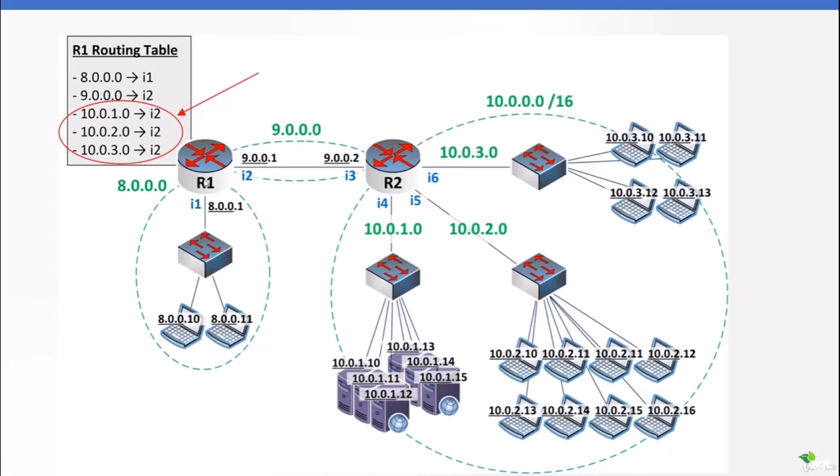So when router 1 receives a packet with a destination address of 10.0.2.50, for example, even if it doesn't exist here, let's say we add a new device here and we give it that address 10.0.2.50. So say that this laptop wants to send a packet to that imaginary device.